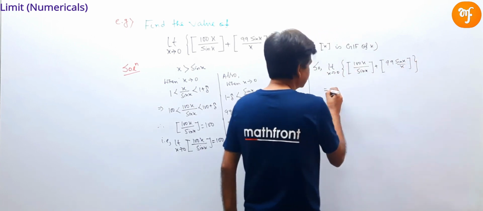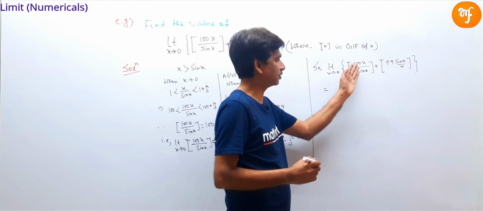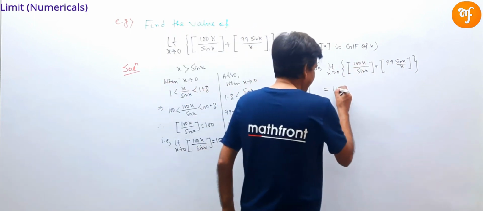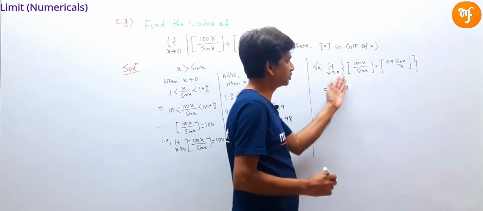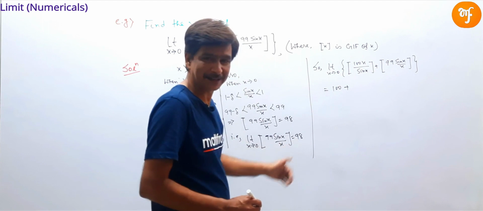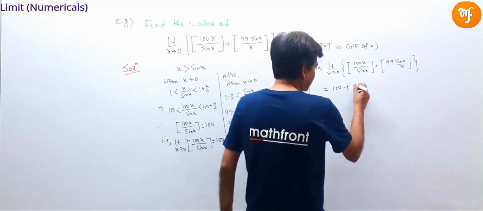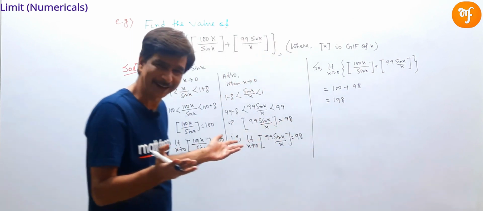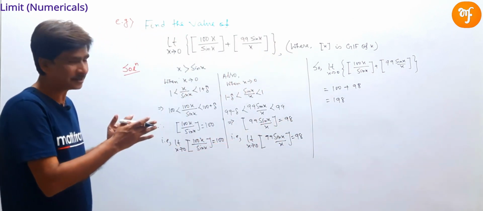The result is limit x tends to 0, box of 100x by sin x, which is equal to 100, plus limit x tends to 0, box of 99 sin x by x, which is equal to 98. Okay. So this is 100 plus 98. So the answer is 198. Understand? So I think it is very easy.